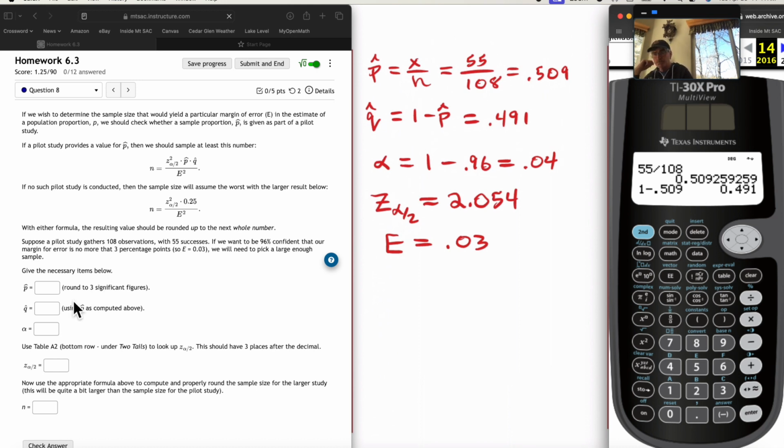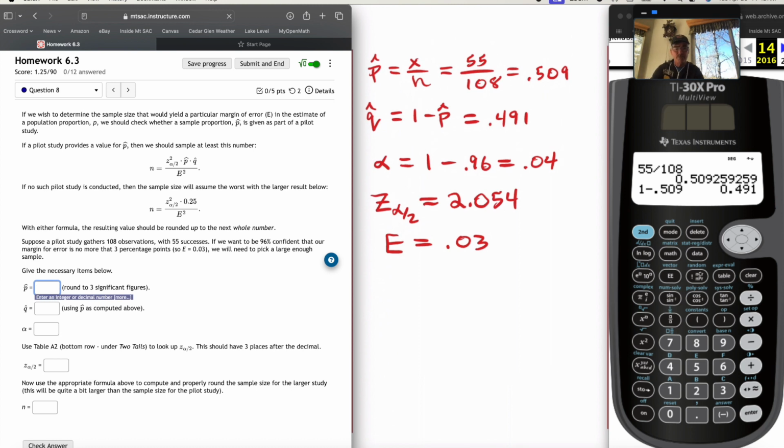So I think we're at the point where we can put some numbers in. Our p-hat is 0.509, q-hat 0.491, alpha 0.04, z alpha over 2 is 2.054, and then we have to do our sample size.